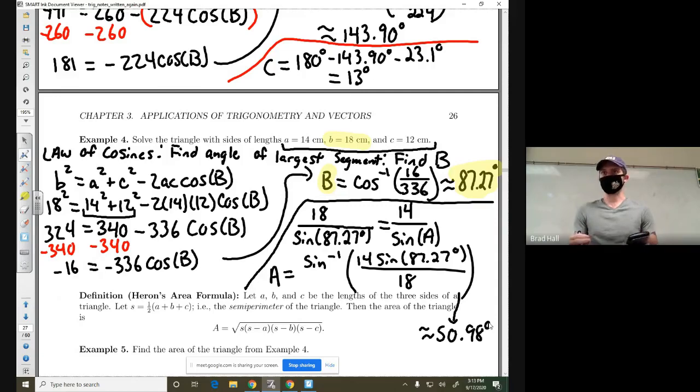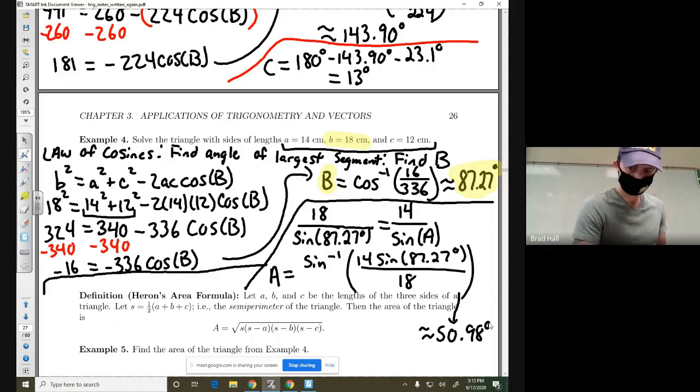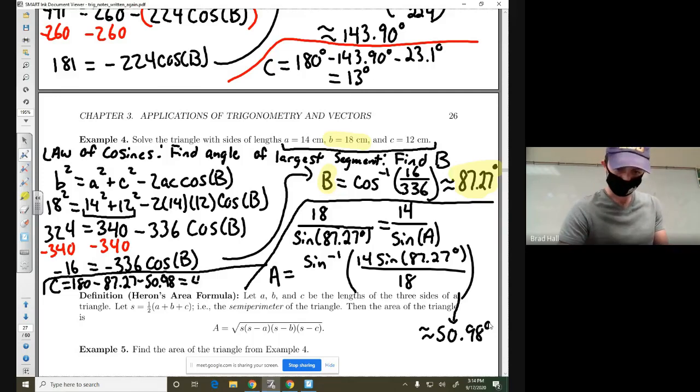And then you can figure out the final angle pretty easily by subtracting. And for C, we get 41.75.